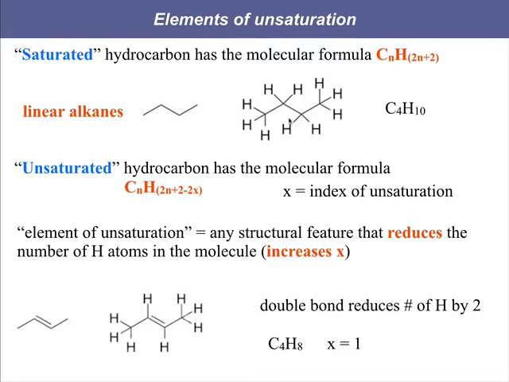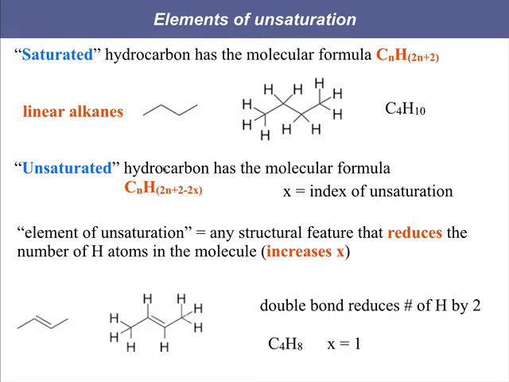So remember that for a linear alkane, we said that the formula was CnH2n+2. That way, if we have 4 carbons, we have 2 times 4 plus 2 equals 10 hydrogens. That's the formula for a saturated alkane.